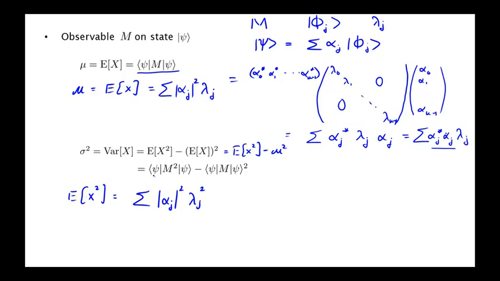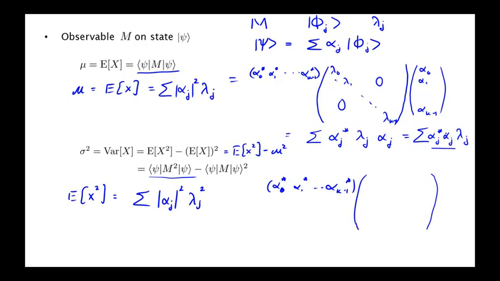So that's what the expected value of x squared is. Now, what's this bilinear form? It's again bra psi, alpha naught star, alpha 1 star, up to alpha k minus 1 star, times M squared. What's M squared when written out in its eigenbasis? You can square this matrix.